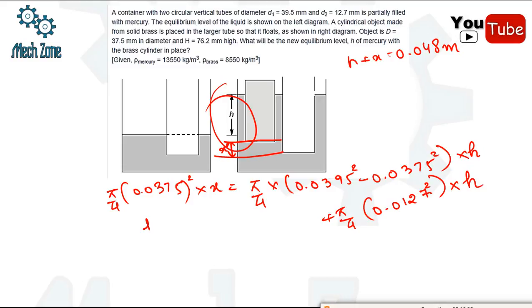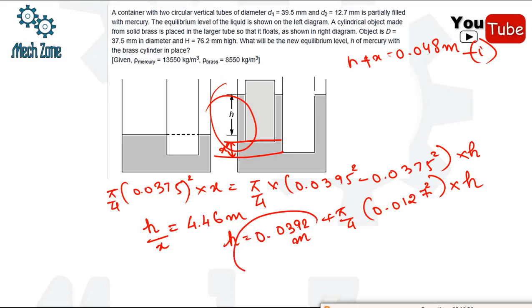So from here we will obtain h upon x. This would be equal to 4.46 meters. So here one equation has come, this is equal to 0.048 and this is 4.46 meter. So if you solve, h is coming out to be 0.0392 meter. So this is the answer.